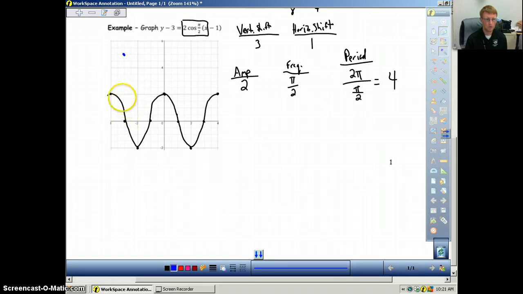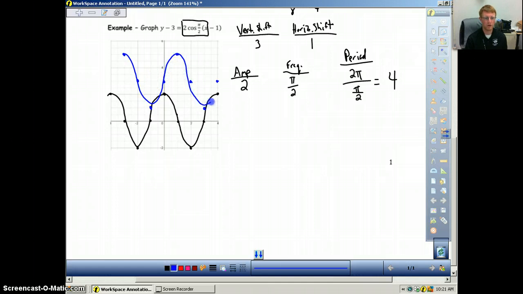Sorry, you missed one. 1, 2, 3, 1 to the right, and then so on, and you can draw your curve. And then that's what our actual curve is.